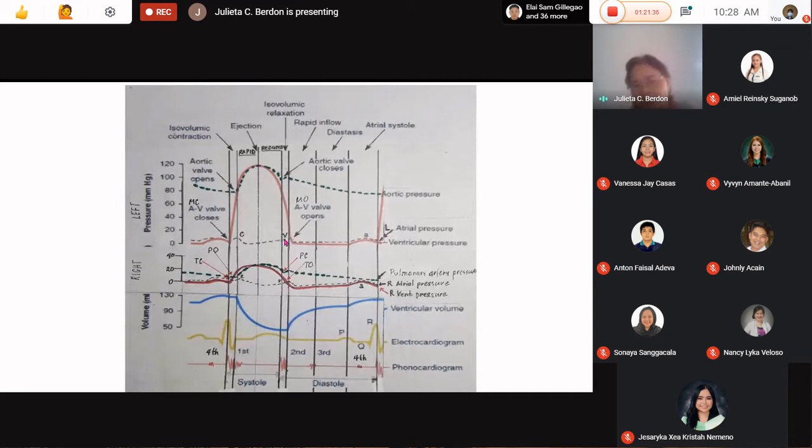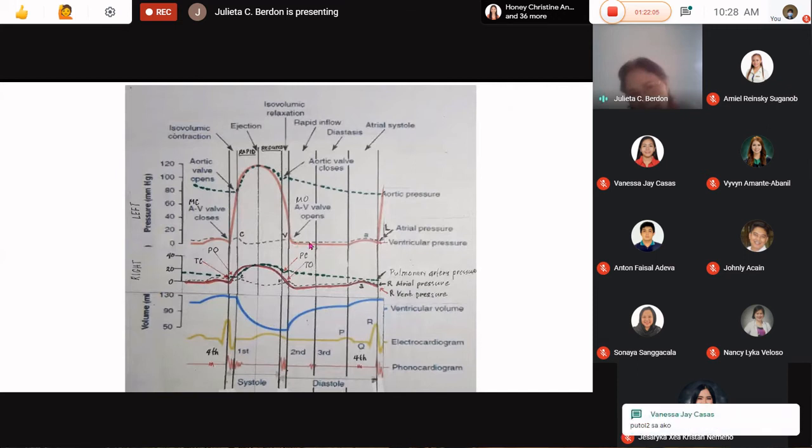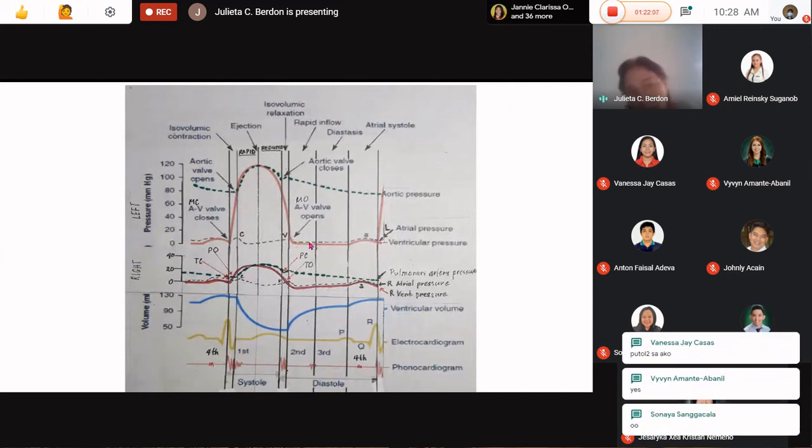The minute atrial pressure is greater than ventricular pressure, even if only slightly greater, then the mitral valve will open. The valve opening depends on the pressure gradient.